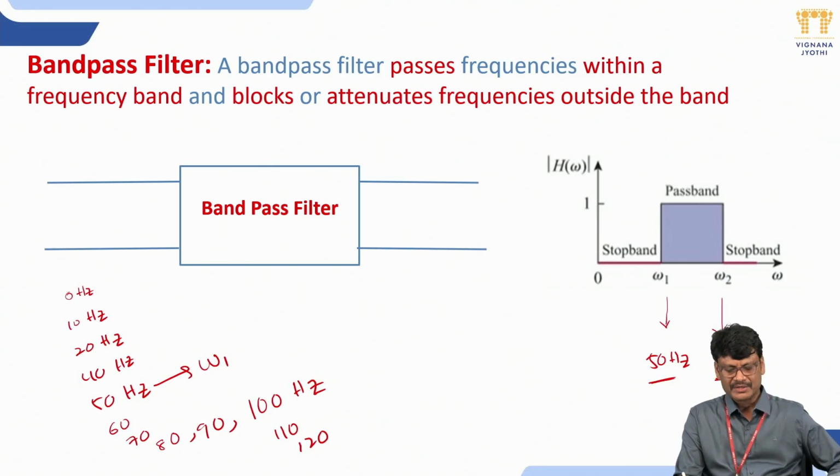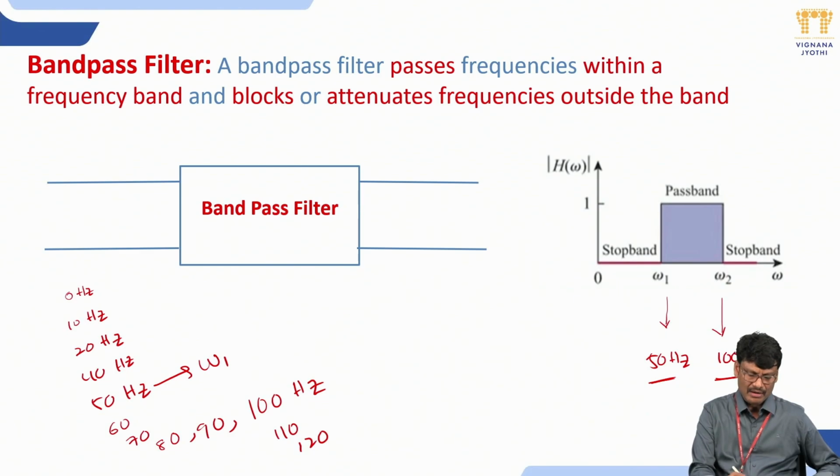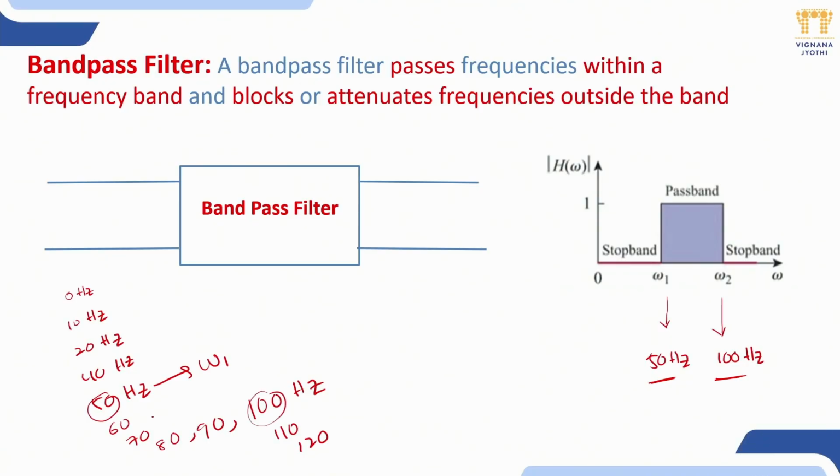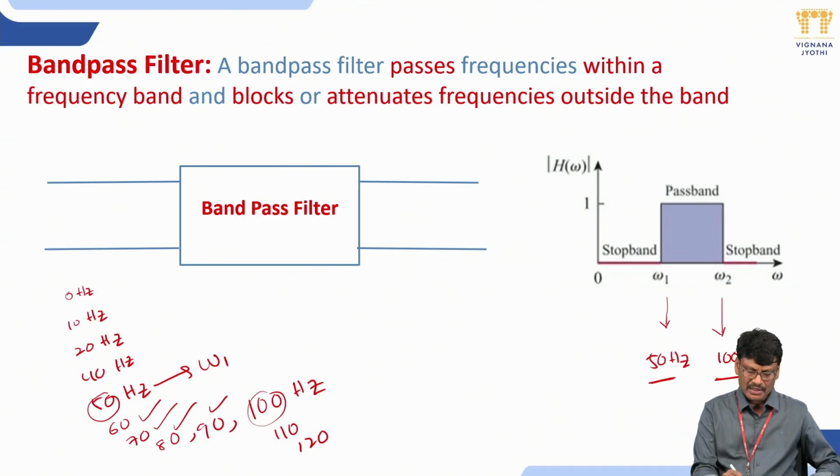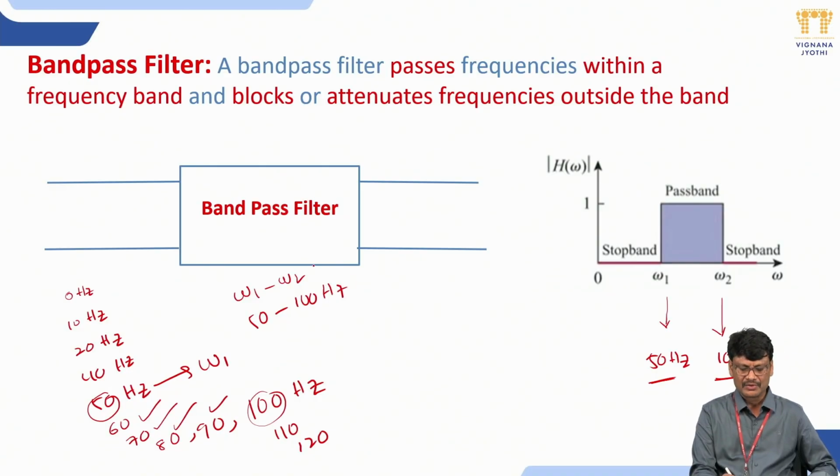What is happening in a band pass filter is that this filter allows a certain band of frequencies. Considering all the signals, between omega 1, 50 hertz, and 100 hertz are the signals 60 and 70 hertz, 80 and 90. This band pass filter allows only these signals, with frequency between omega 1 and omega 2, that is 50 to 100 hertz, and it does not allow the remaining signals.